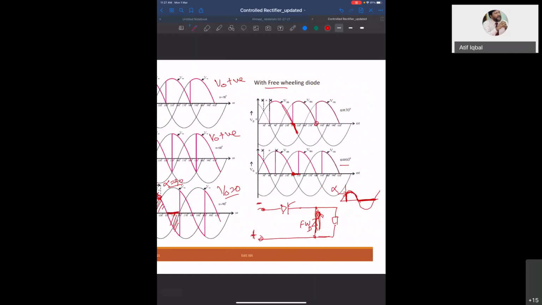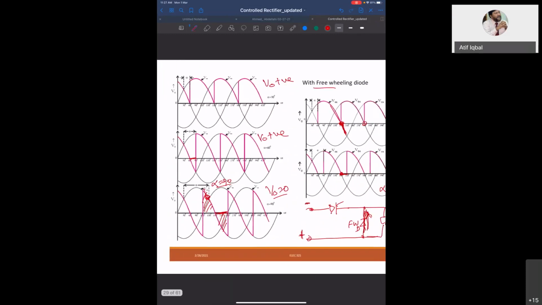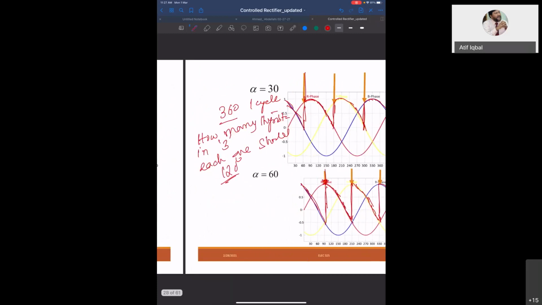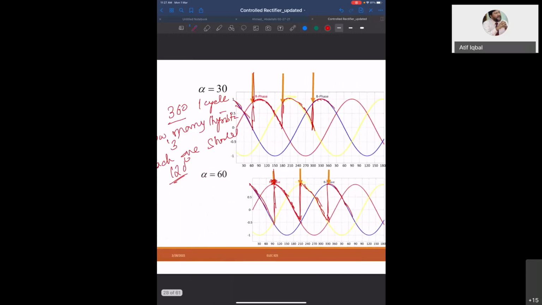You cannot go in the negatives. The maximum that you can go is 180 degree. You see here, when alpha is equal to 30 degree, we reached up to this point, which is equal to 180.